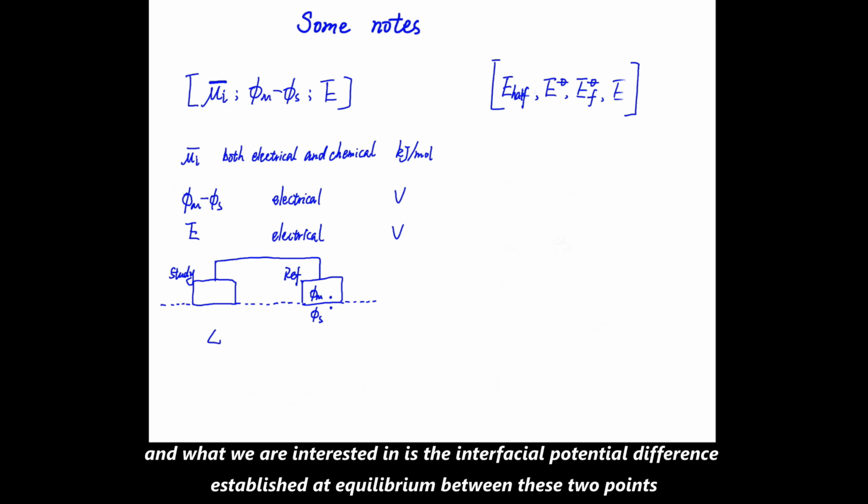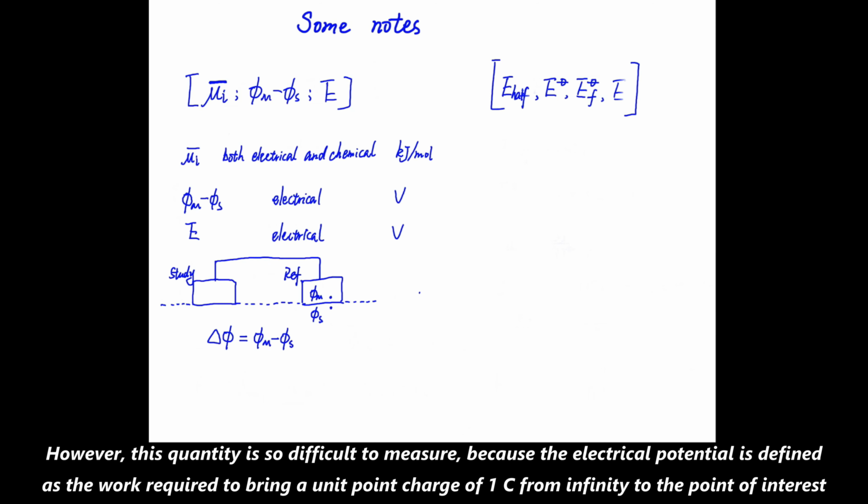And what we are interested in is the interfacial potential difference established at equilibrium between these two points. However, this quantity is so difficult to measure because the electrical potential is defined as the work required to bring a unit point charge of 1 coulomb from infinity to the point of interest.